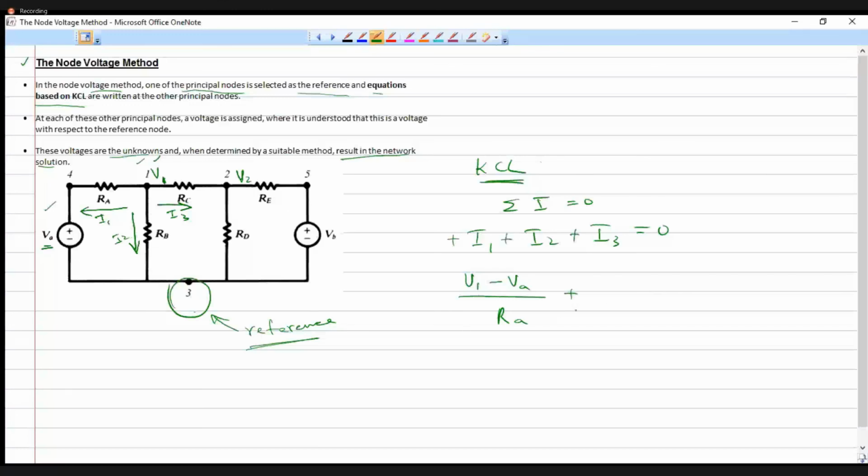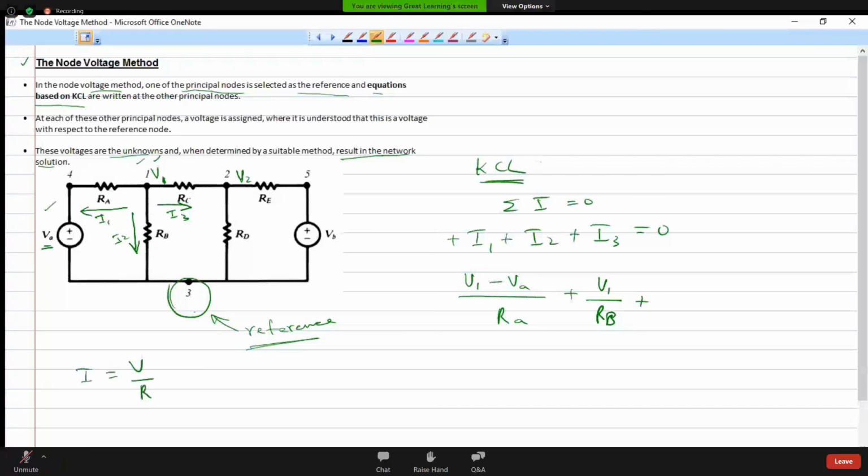That is equal to V1 divided by RB, plus the third current leaving node 1, which is the I3 current. What is that current? I is equal to V by R. This is the equation I'm using: current is the ratio of voltage to resistance.